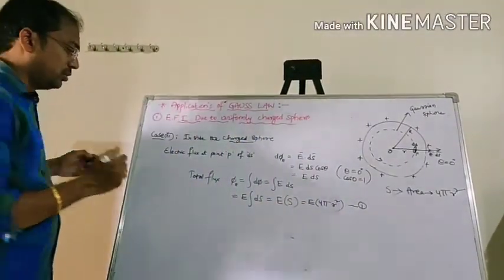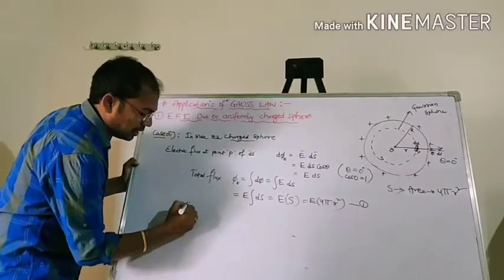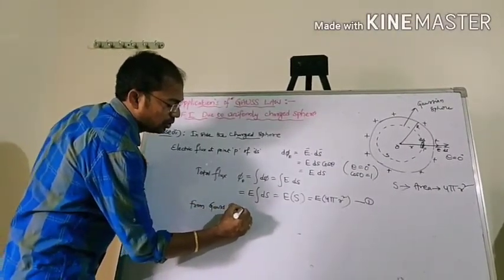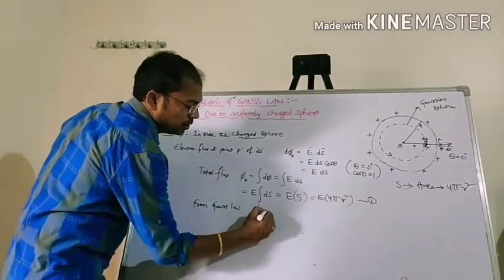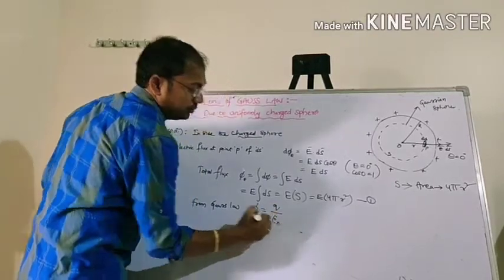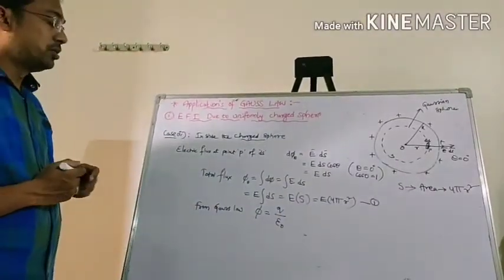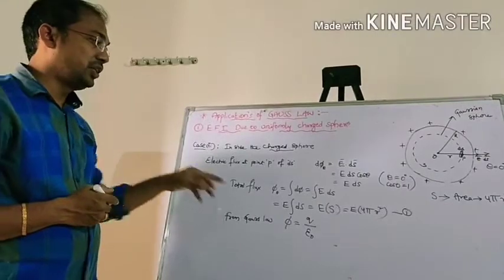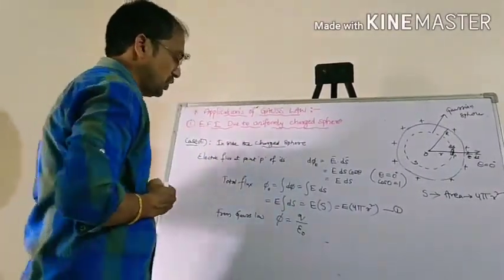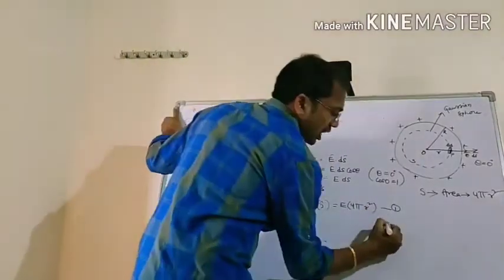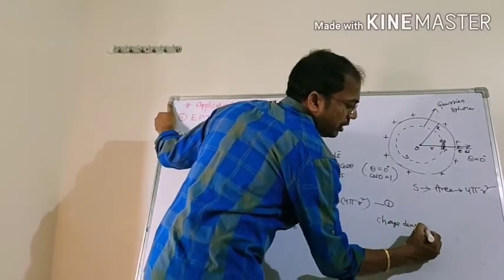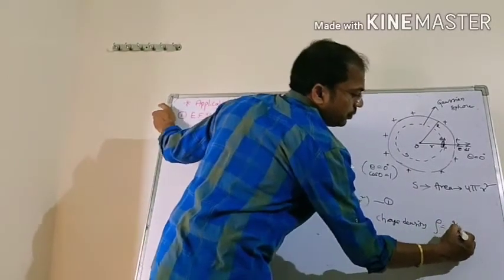Okay, so next very important, see here, from Gauss law we know that φ is equal to q by epsilon. Okay, so here we have to know what is charge q. ఇక్కడ q అనేది దేనికి సమానం అవుతుంది అంటే, సో ఫస్ట్ నేను ఏం రాస్తున్నానండి, మనకు చార్జ్ డెన్సిటీ అంటే తెలుసు. చార్జ్ డెన్సిటీ ఏంటి సార్ అంటే rho is equal to q by v.